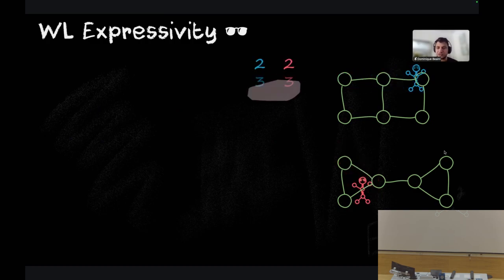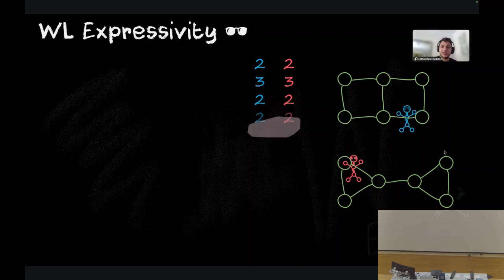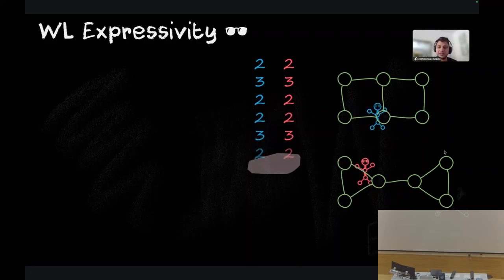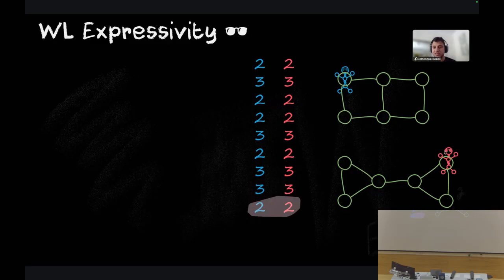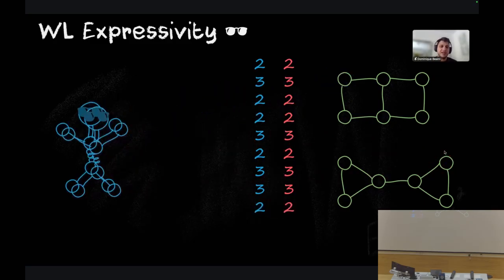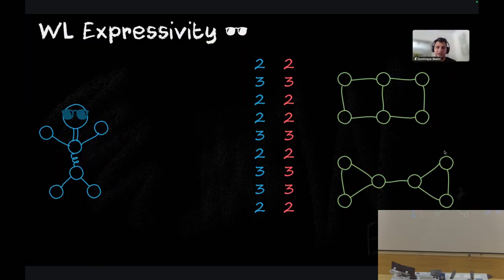If we go to the node level and we start walking around, we can see that we can always find a path that is connected to the same number of neighbors in each case. And this is the problem, because once you are at the node level, there's no way of differentiating between those two graphs if you can only see your direct neighbors and no other kind of information. So you end up thinking that these graphs are the same.